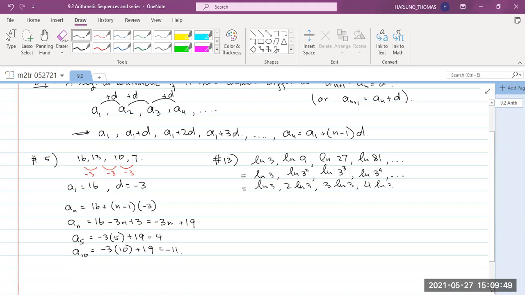From there, the first term is natural log of 3 and the common difference is natural log of 3 also, because every time you go to the next term, you add natural log of 3.